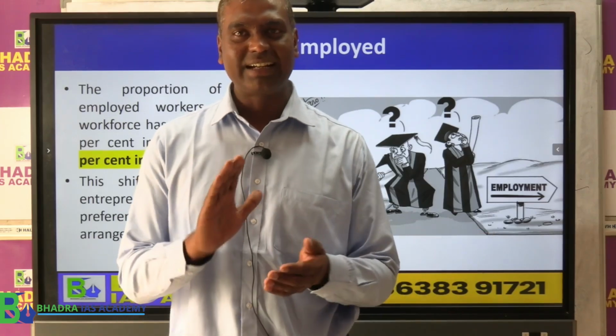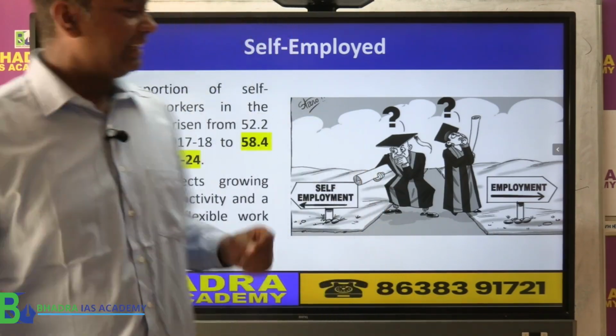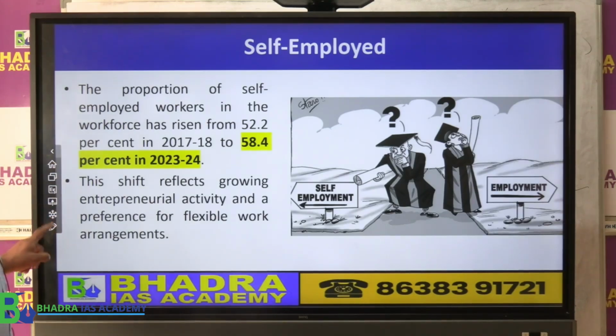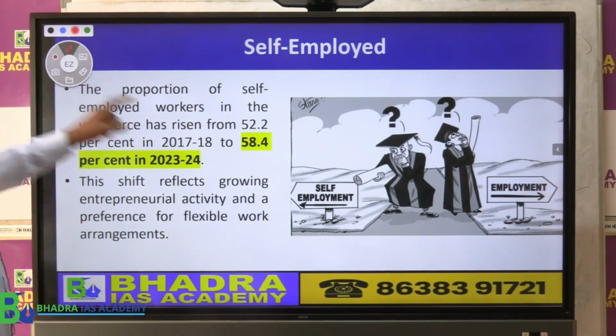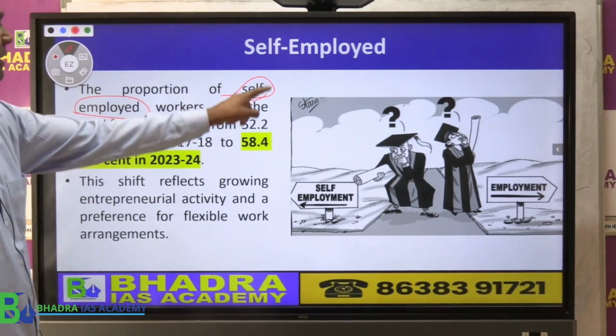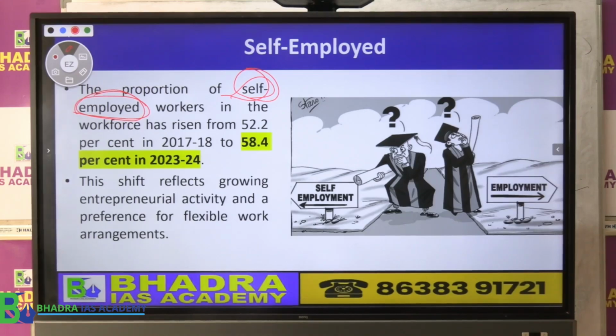So a very interesting analysis is also found in the economic survey. What is that? What did the government say in the economic survey? Now many people are becoming what we call self-employed. This is very interesting. Now more and more people, instead of depending on the government to create jobs for them, are becoming self-employed.